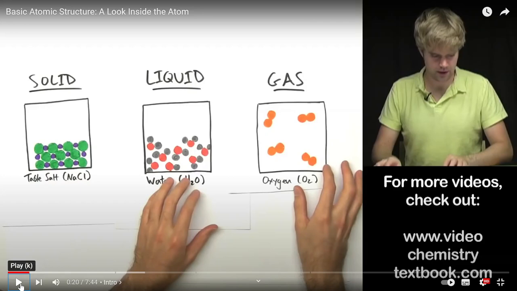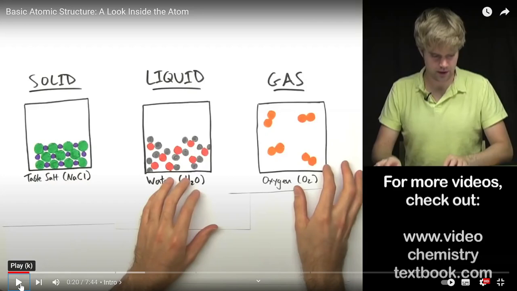So we have Na. Who is Na? Na is sodium. Cl is chloride. It's actually chlorine, but when we put it together with another element, we call it chloride. And the reason Na is Na and not So for sodium is that the Latin name for sodium is natrium.